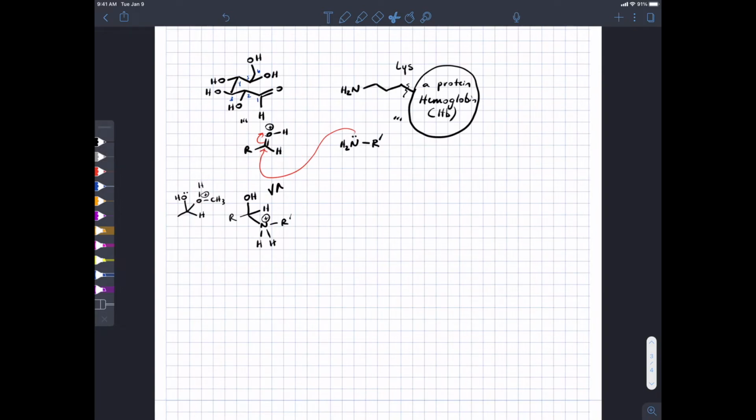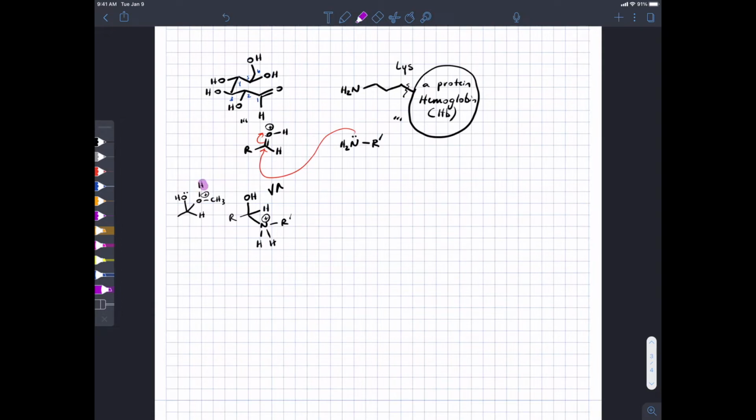The only difference, notice the OH group, notice the carbon bonded to two oxygens, here's the OH group. The only difference is instead of this methanol having added, the amine added. So I don't want you to see this as a separate reaction. This is exactly the same reactivity, it's just the players are different.